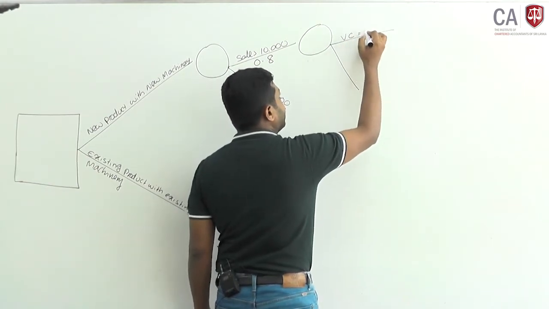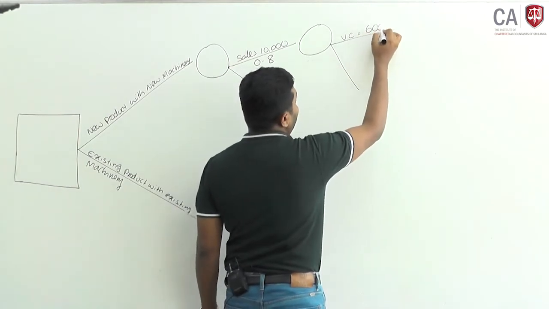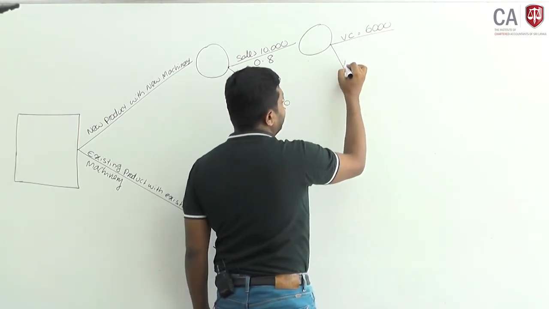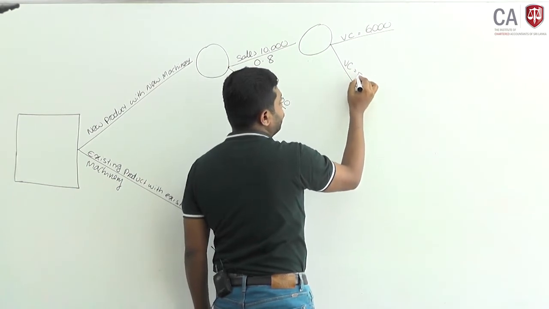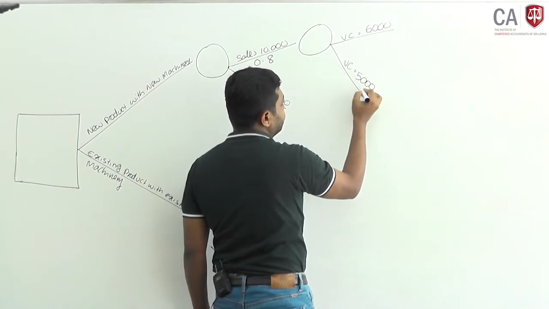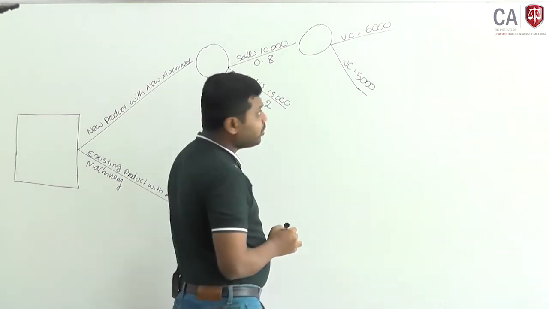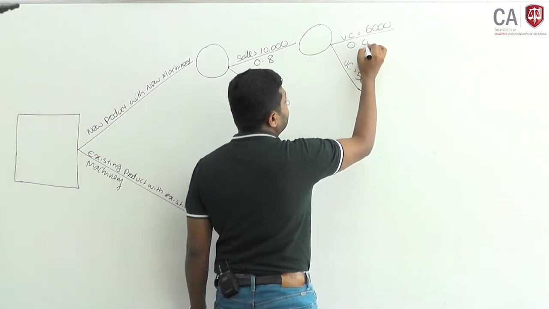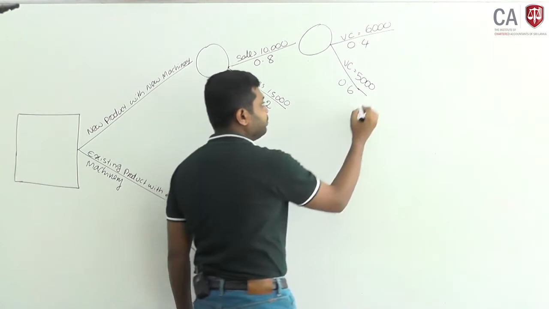Variable cost equals 6,000, or variable cost equals 5,000. Probability: 40% and 60%.